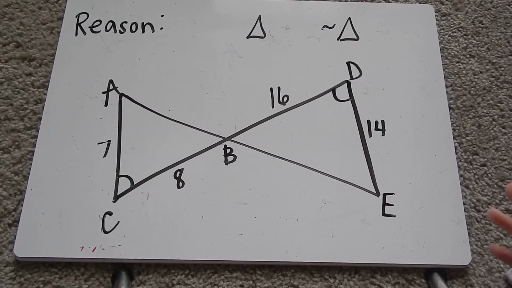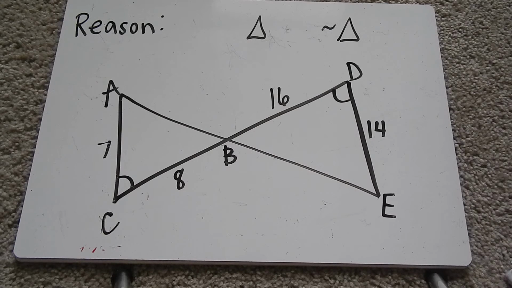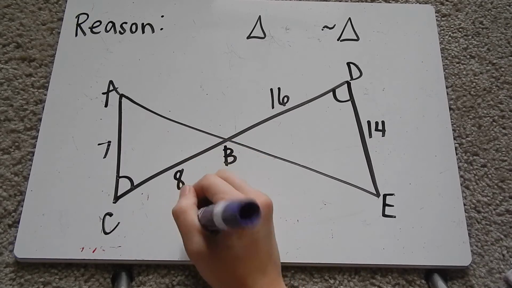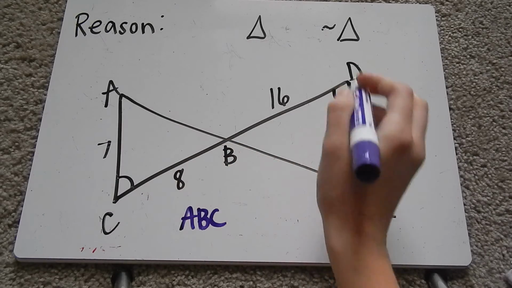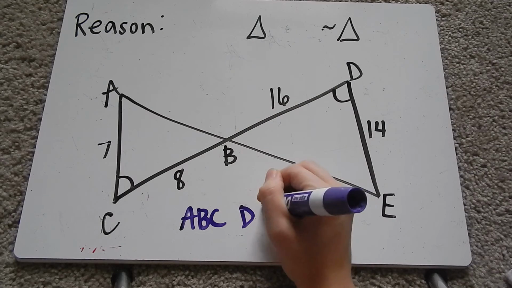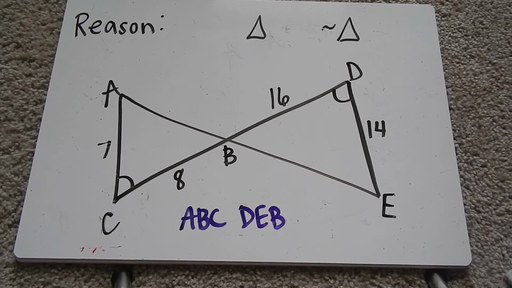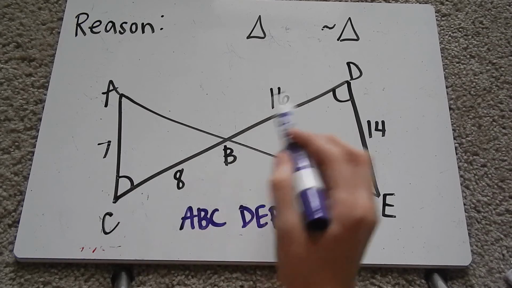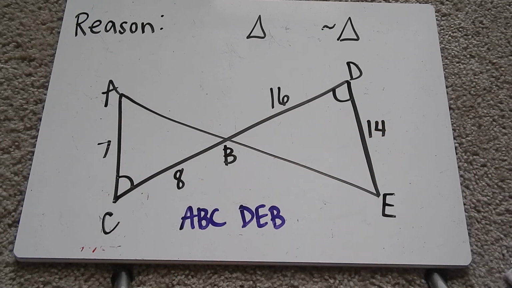Okay, so let's move on to our last example here. Okay, so again, let's talk about our triangles here. So I have a triangle ABC, and I have this triangle DEB. We don't know any order yet, but we know these are our triangle names. Now I see I have C and D are corresponding.